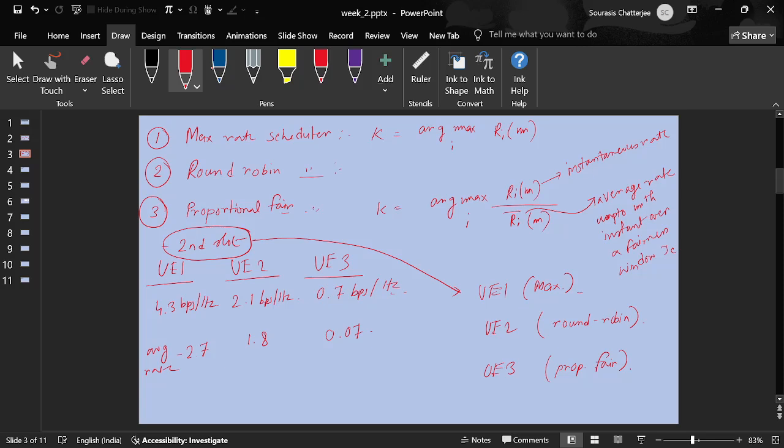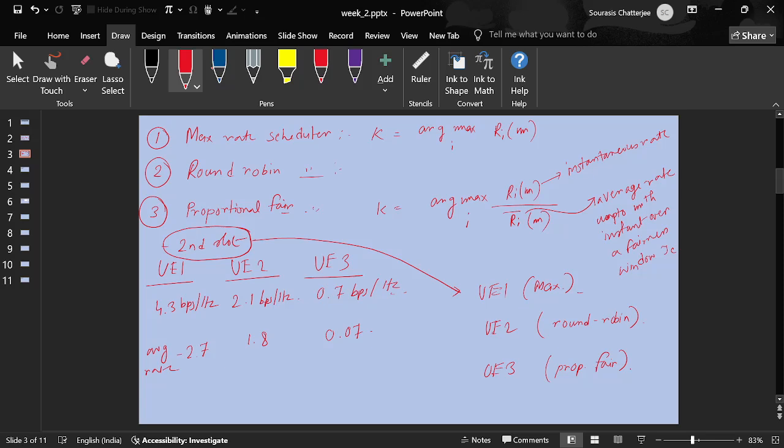How does it achieve the balance between the max rate scheduler and round robin? If some user does not get a chance in a slot, then its average will go down as time progresses. And depending upon the relative value of the instantaneous rate with respect to the average, the ratio will be higher as time progresses.